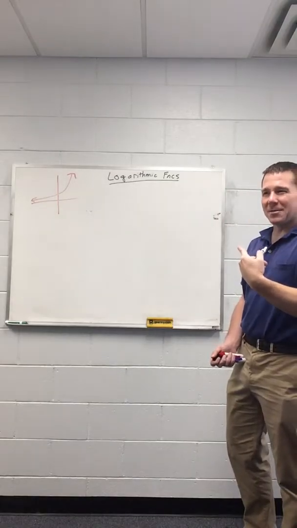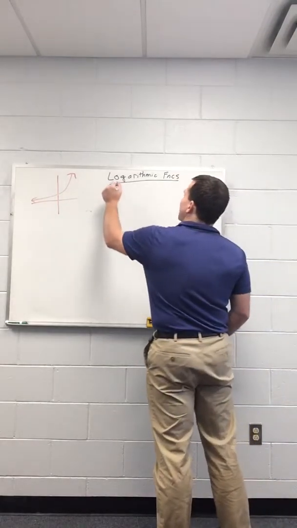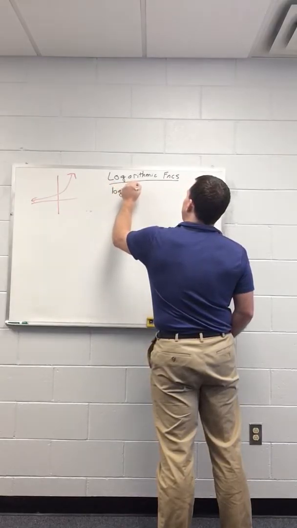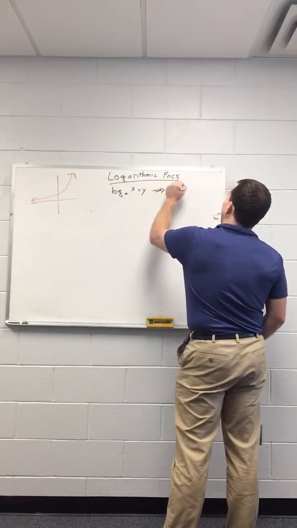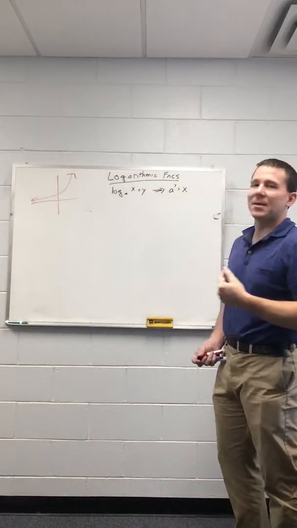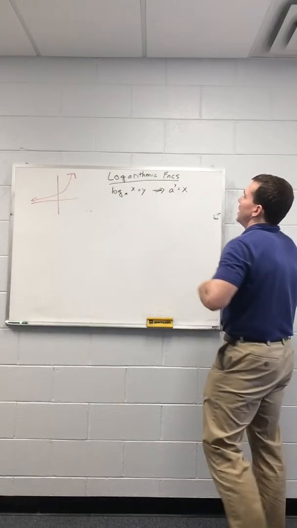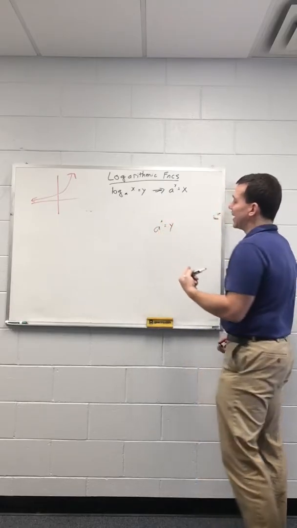We're going to go through the properties of these things to make sure we understand them. But as far as the definition goes, log base a of x equals y means a to the y equals x. Again, when we wrote exponentials before, we had a to the x equals y.